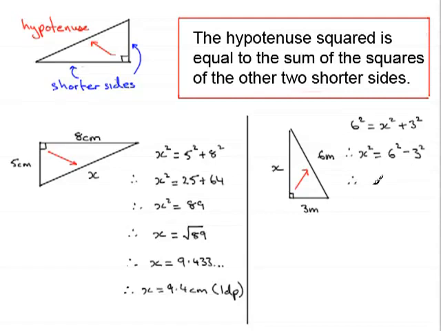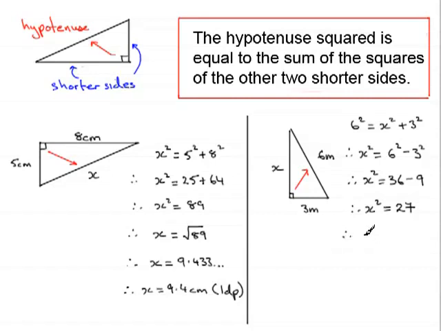So all I need to do now is work this out. x squared equals 6 squared, that's 6 times 6, which is 36, take away 3 squared, 3 3s are 9. And so 36 minus 9 is 27, so x squared equals 27. And now I just need to square root both sides.